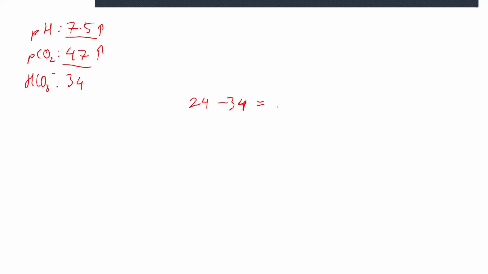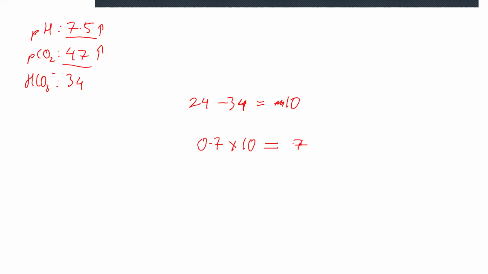Now this equals -10, but for the sake of this equation, you can just ignore the negative here, since it's just the delta, the change. So 0.7 times 10 gives us our expected change in PCO2 of 7.